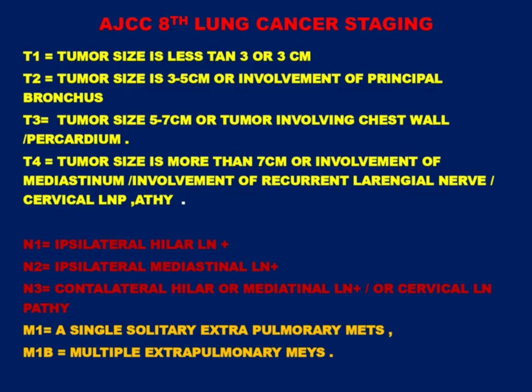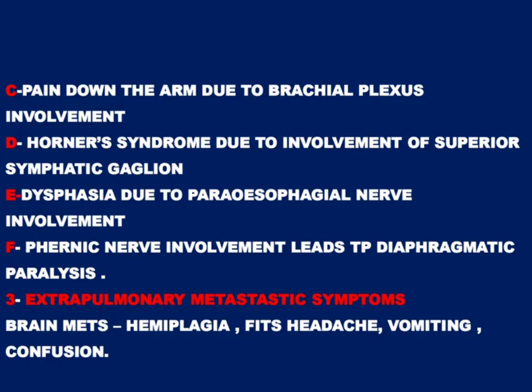You require a lateral view to assess the mediastinal lymph node. Stage 3B is when, along with 3A mediastinal lymph node involvement, it involves the chest wall or the side of the lung, and stage 4 is the opposite lung and distant metastasis.